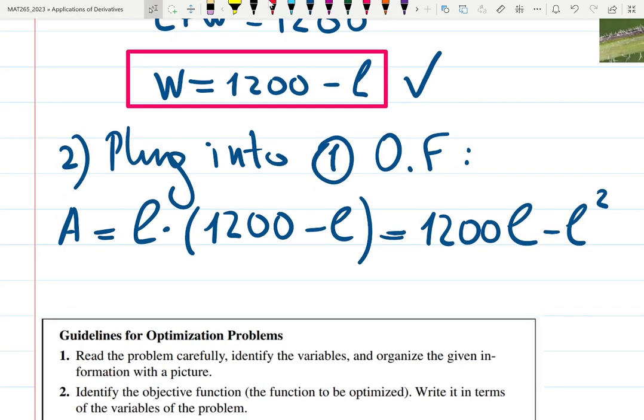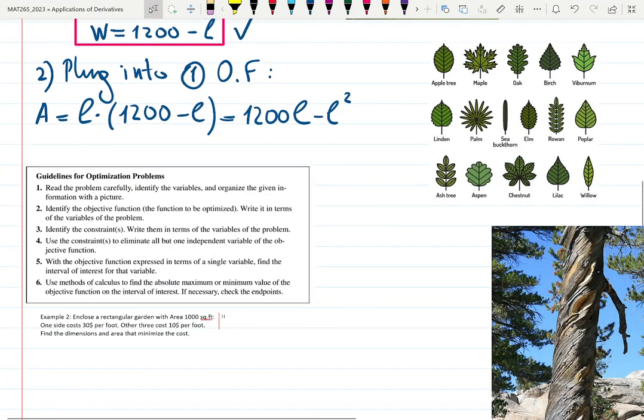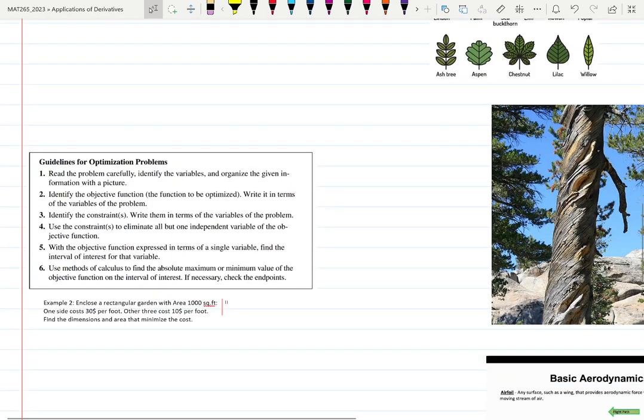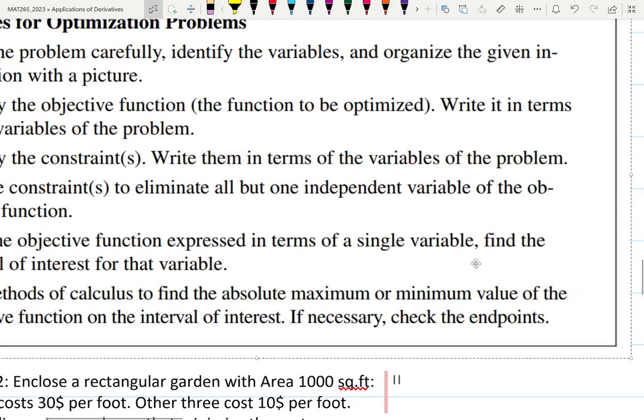Here you go. Let me move my thingy lower. So, if you want to follow the guidance, we are halfway through. We are on step 5, with the objective function expressed in terms of a single variable. Now it has one variable.